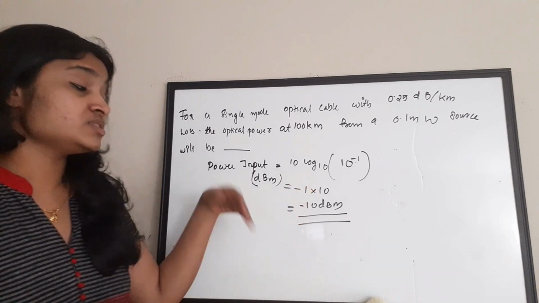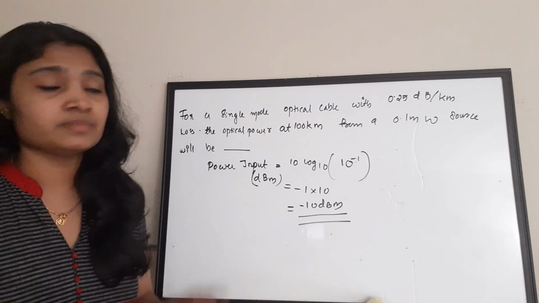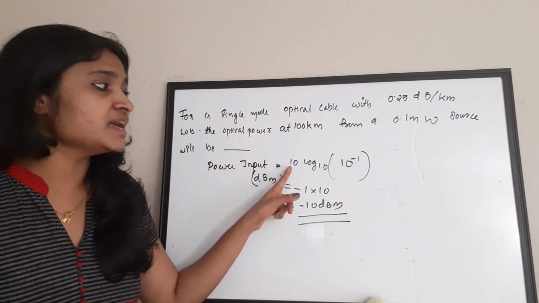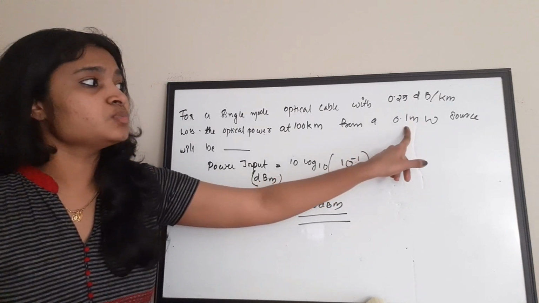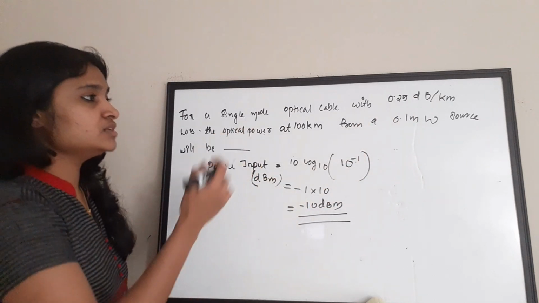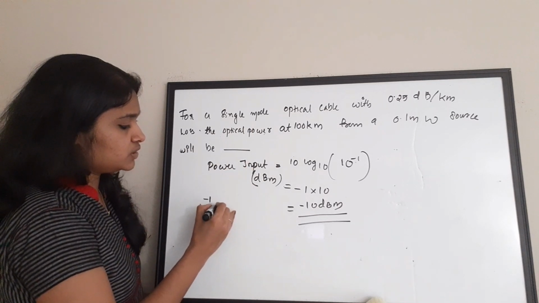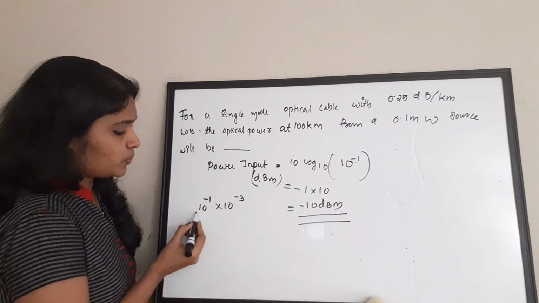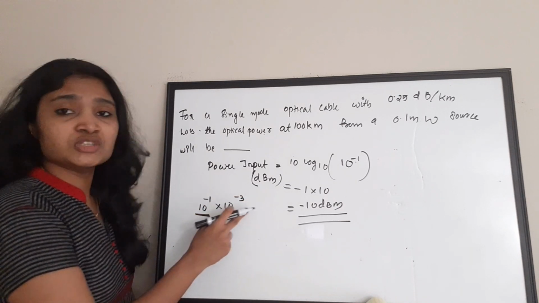I was receiving some doubts in the comment section about how to convert the power to dBm. Just take the 10 log 10 of the value in watts. This value is in watts, 0.1 milliwatt. So you can write this 0.1 milliwatt as 10 raised to minus 1 into 10 raised to minus 3. 0.1 is 10 raised to minus 1 and milli means 10 raised to minus 3.